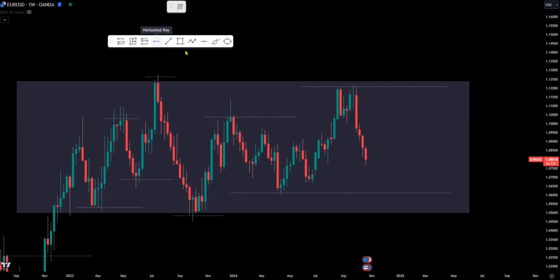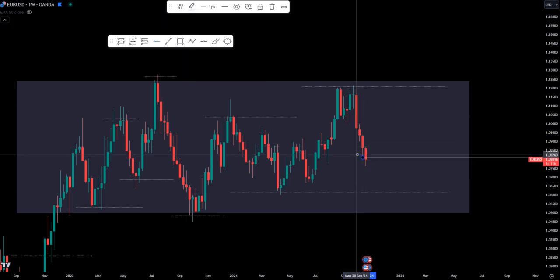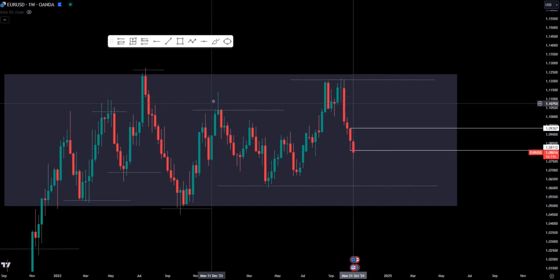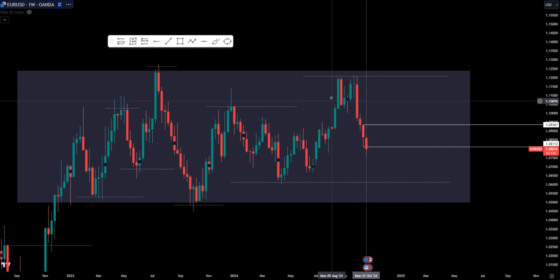Let's see this one. We make a line at the bottom and at the high also. We come here, we make a vertical line like this, and we try to understand the order flow, what's going on, where the market is heading.